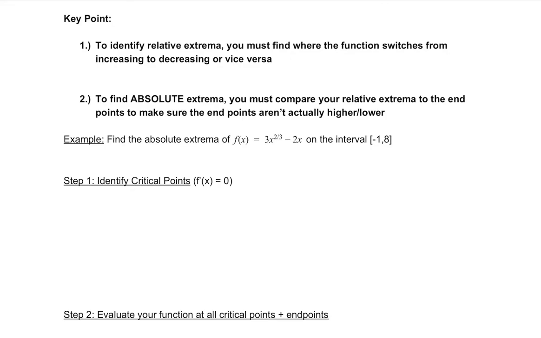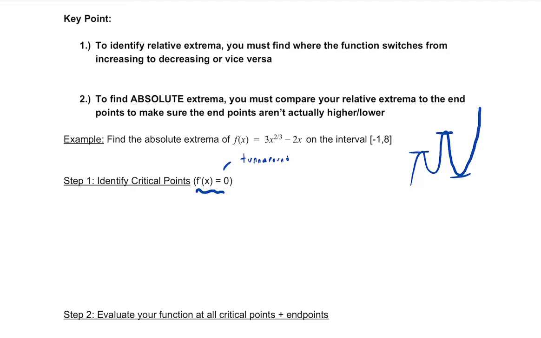I don't know what this function looks like, but if I do two things, if I find everywhere that my function has a horizontal tangent line, right? These are potential turnaround points, because they represent places where my function might have stopped going one way and started going another.